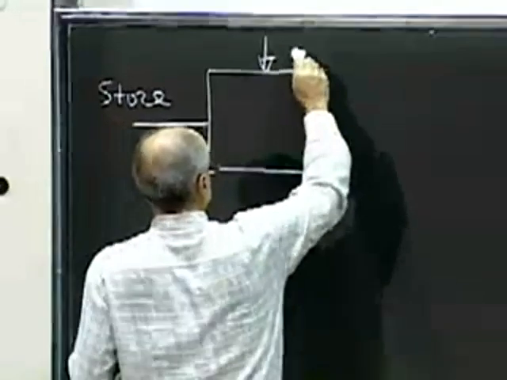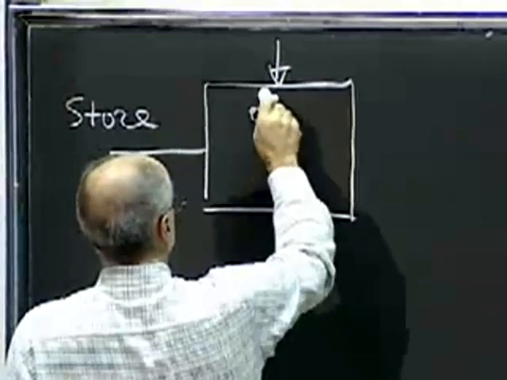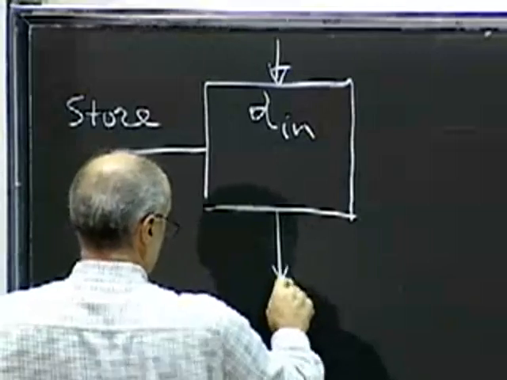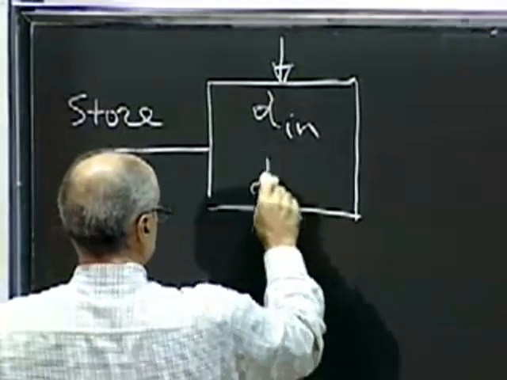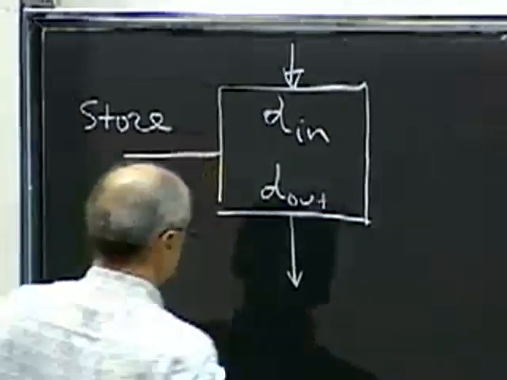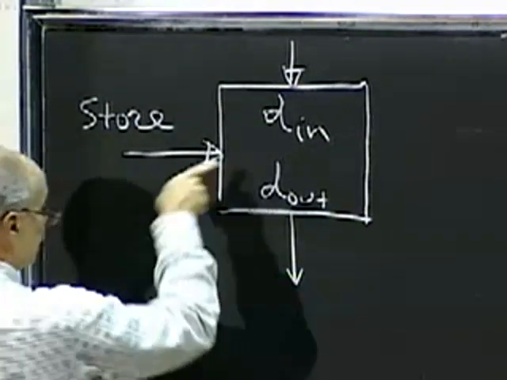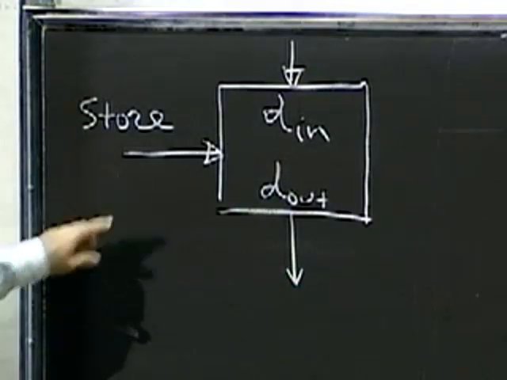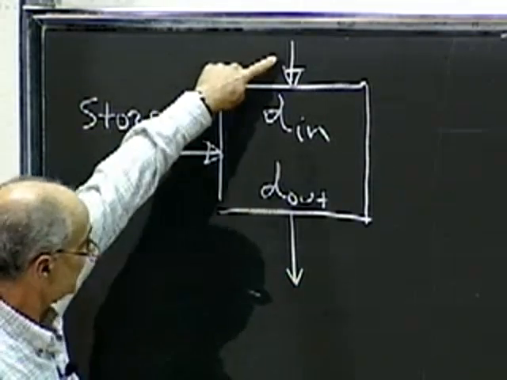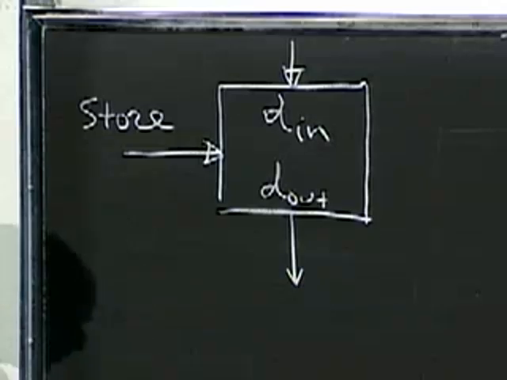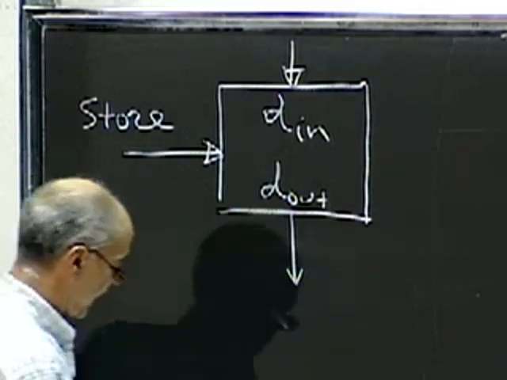It has a state input that we will call D in, and has an output, D out. So when we're telling this element, okay, now it's time to store, it looks at the input D in and stores it for, in principle, an infinite amount of time.